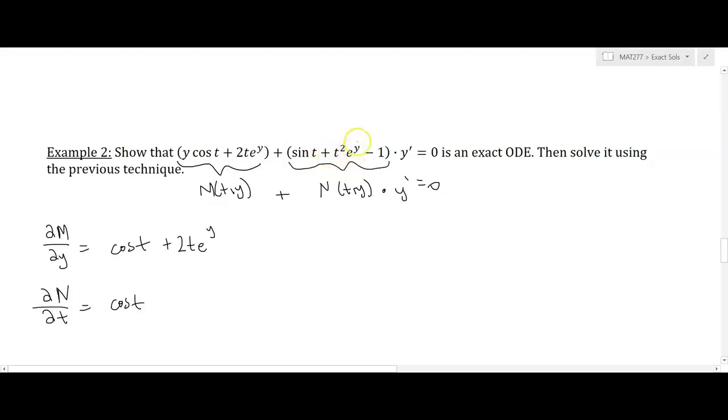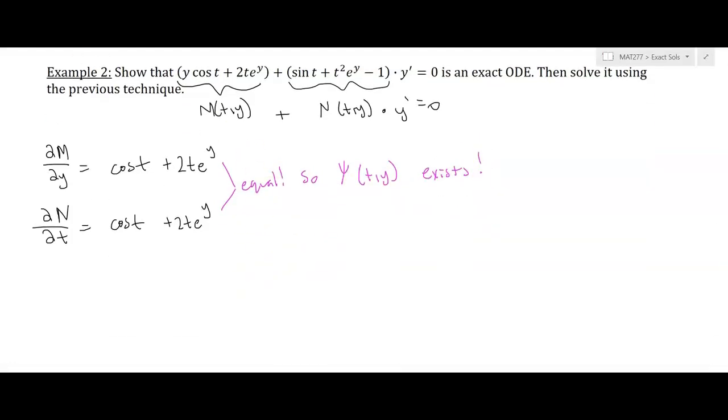The derivative of t squared e to the y, e to the y is a constant, factor that out. The derivative of t squared is 2t. 2t times e to the y is 2t e to the y. And these are equal. So psi exists. And that's a good sign, because if it exists, that means it is solvable by using this method. So we could say that the ODE is exact.